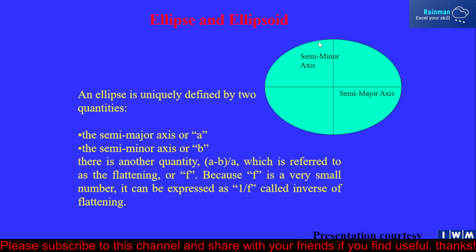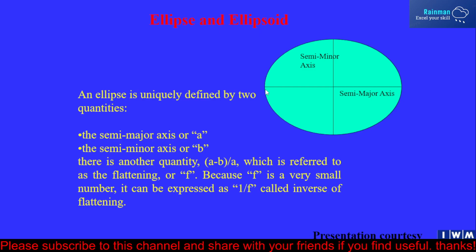Our globe is not a perfect sphere. It is ellipsoid-like. From the North Pole to the South Pole, if we pass a line through the center, this is called the Semi-Minor Axis.